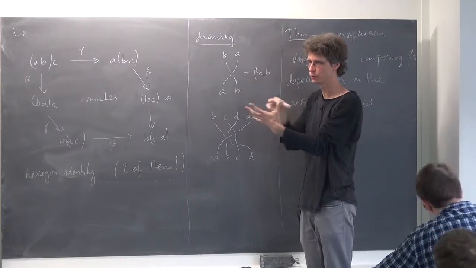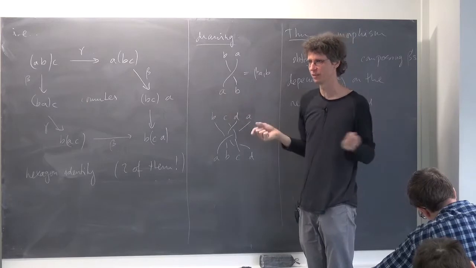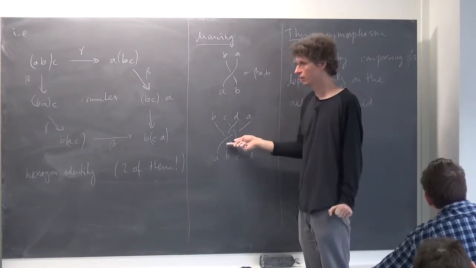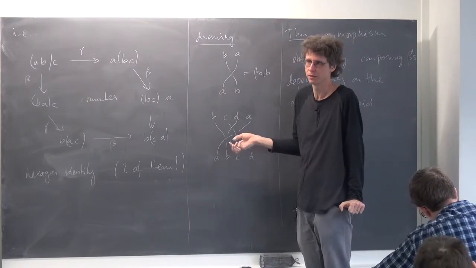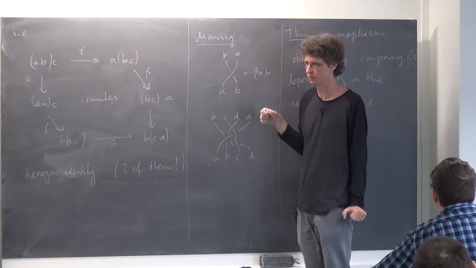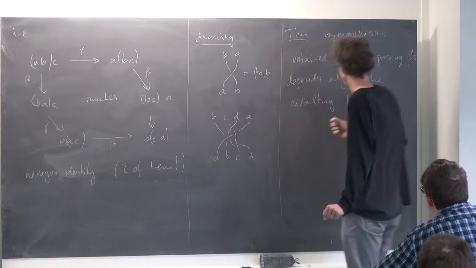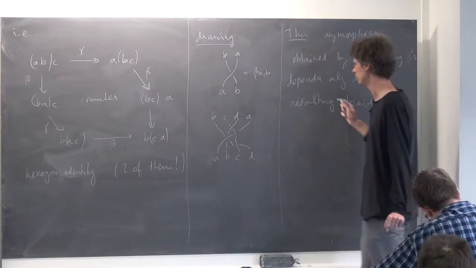But now when I deform this braid, obtaining the same braid but just moving those strands in some other positions, I get some composition of different betas. And the statement is that we get the same result. This new composition is the same as the old composition. And why is it true?